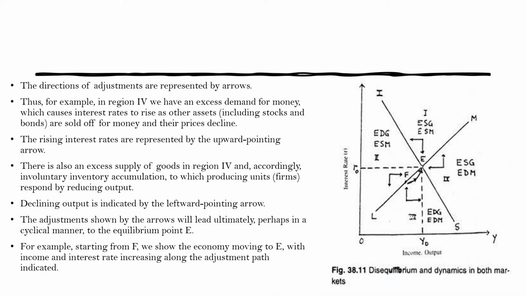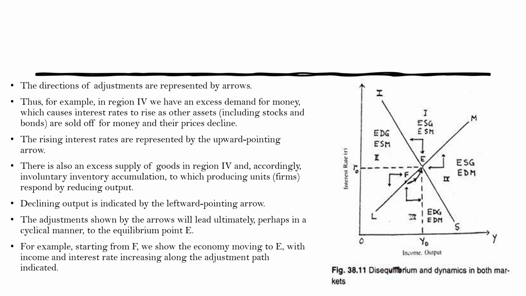And if you look at this figure, you could see that the direction of adjustments is shown by arrows. For example, in region 4, we have some excess demand for money, which causes the interest rate to rise as other assets are sold off for money and the prices would decline.